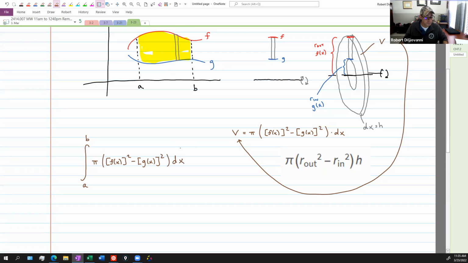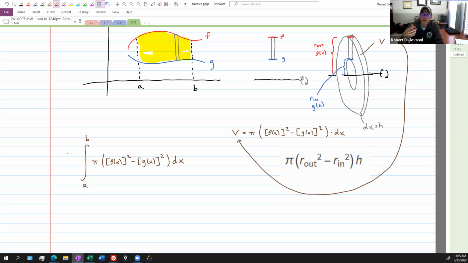Was there a question? I had a question, sir. How would you take the volume of, like, sine or cosine? Would it be the same thing? Yeah. You mean if you want to take the sine function and rotate it around the x-axis? Yes, because there wouldn't be an inner function. Right, your bottom function would be 0, right?